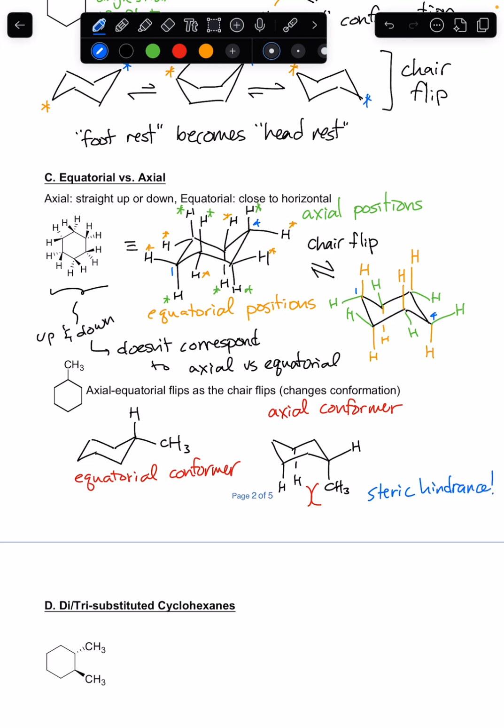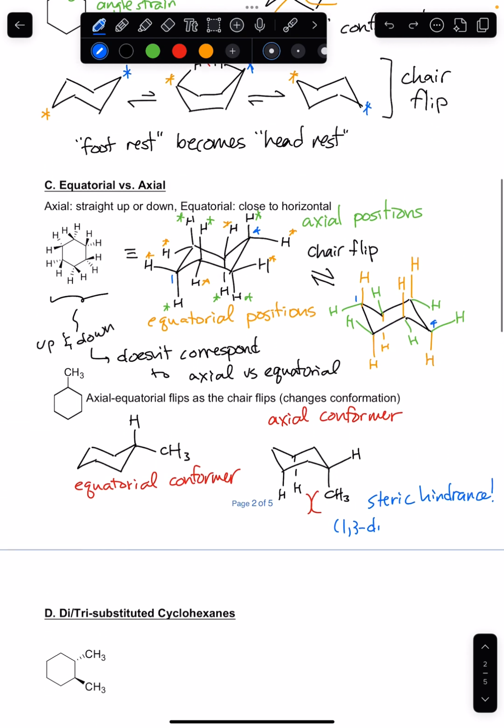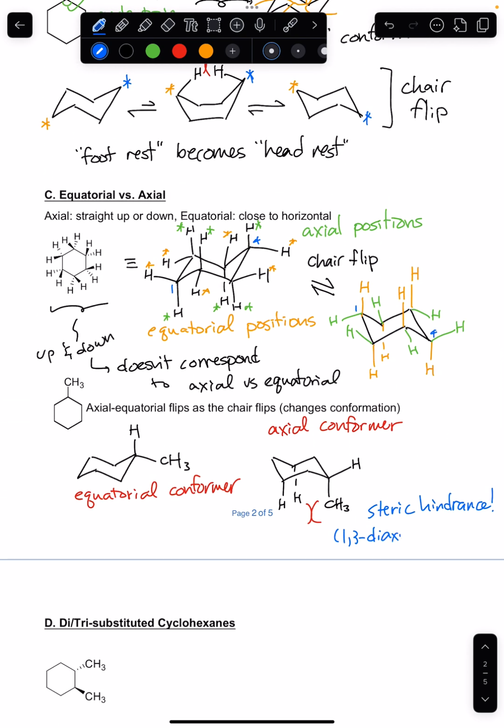And we call this 1,3 diaxial interactions. And the reason for that is because if this is carbon number 1, this would be 2, 3.